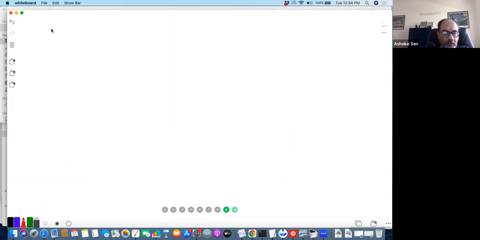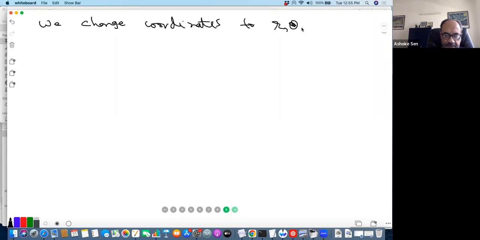So first we want to change coordinates to r, theta, phi. And r, theta, phi will be defined exactly in the way we define the polar coordinates.